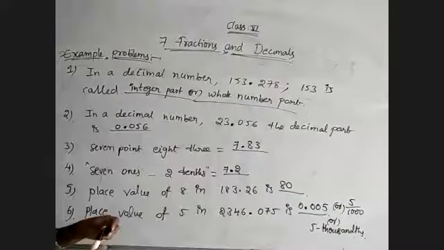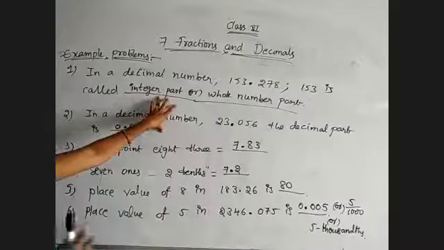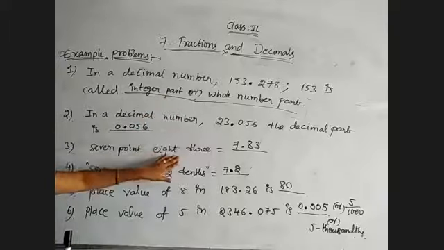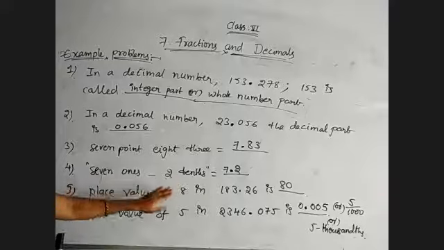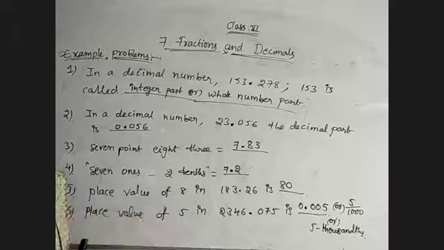Okay, this is about how to write a decimal number. What are the different parts of the decimal number, and how to write a decimal number when it is given in words and when it is given by using place values, and what is the place value of different digits in a decimal number.